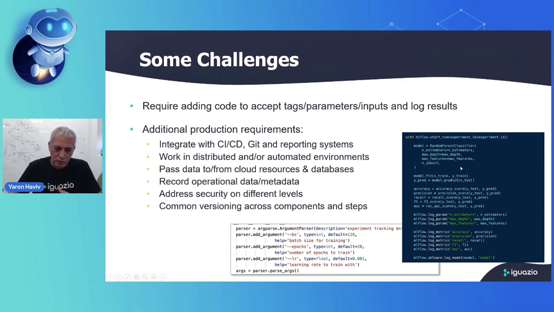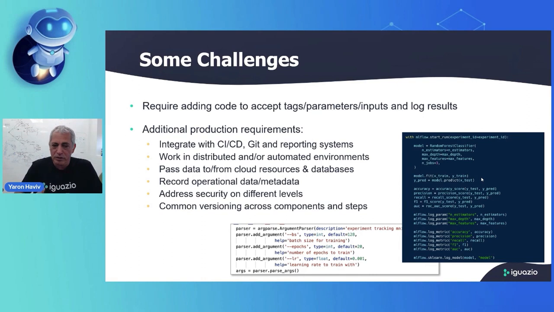We want to log parameters, metrics, data sets, and so on in our code. Here's an MLflow example. You add all those logging hooks within your code. So that's a headache.